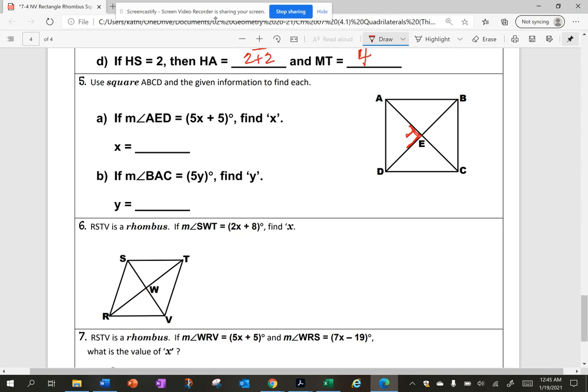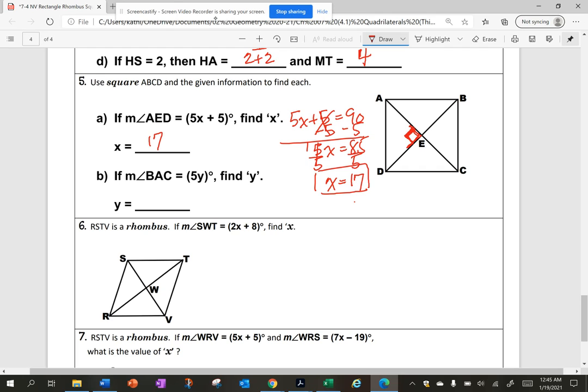Well, I know these diagonals are perpendicular, so my equation is 5x plus 5 equals 90 because I know I have a right angle. So I'm going to subtract 5 from both sides. So 5x equals 85. I'm going to divide both sides by 5. So I get x equals 17. It's just asking me for x in this equation.